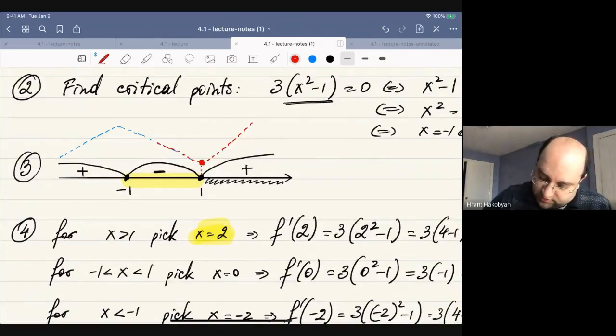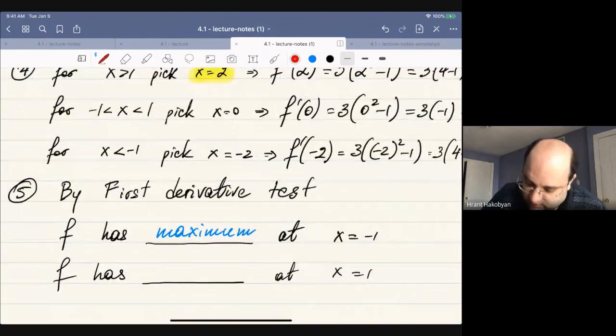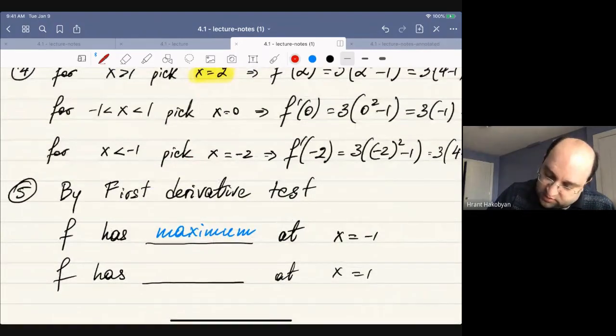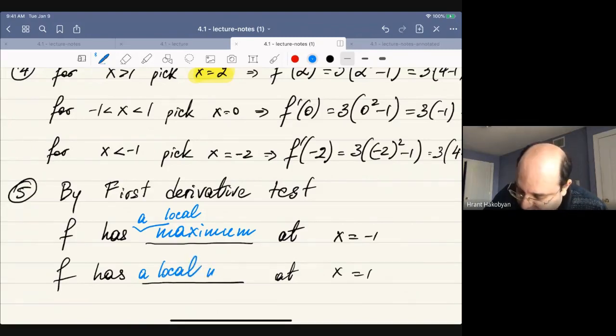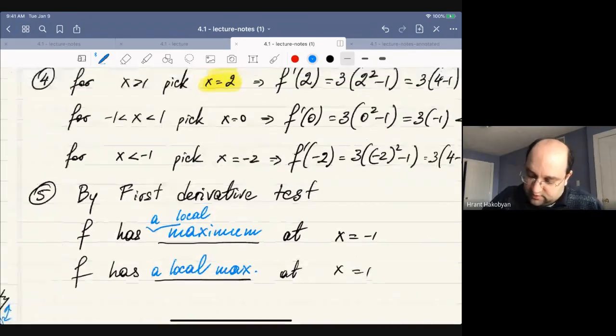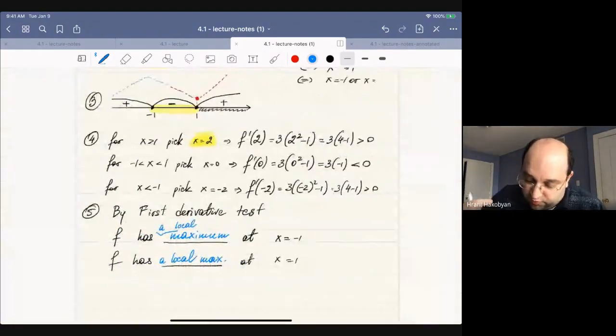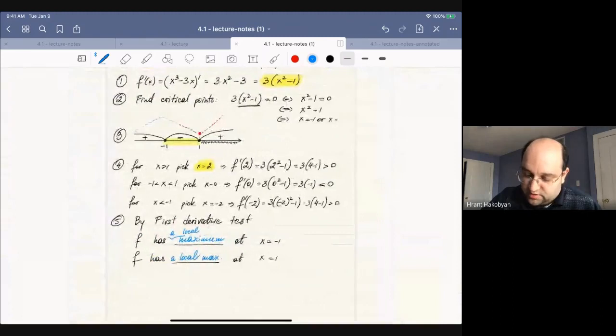So I can write that here: f has a local minimum, and here it has a local maximum at that point. Okay, so we found 2 points where it could have a maximum or minimum.